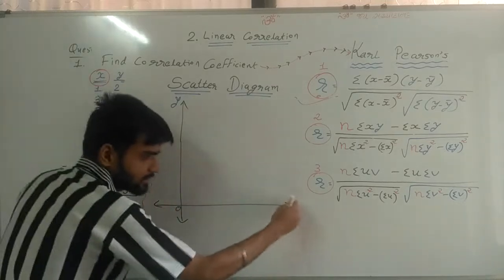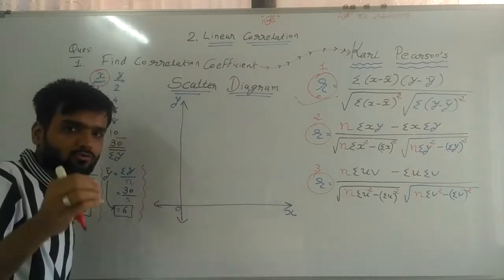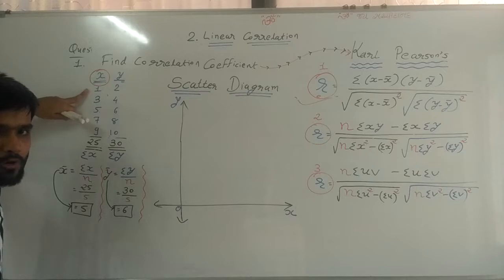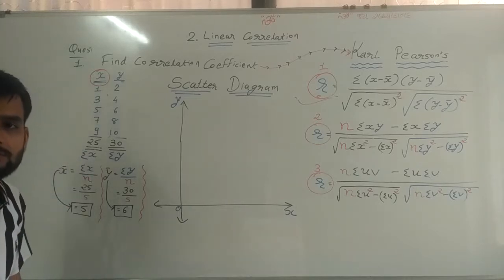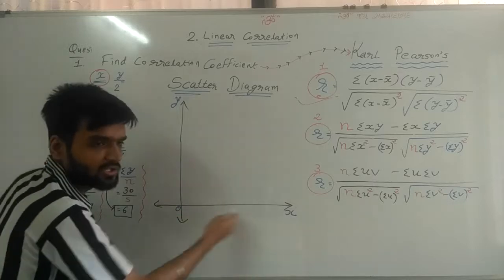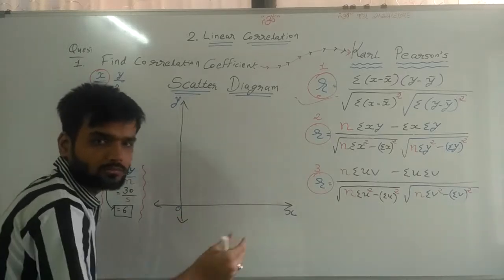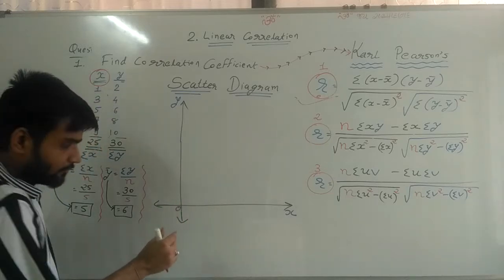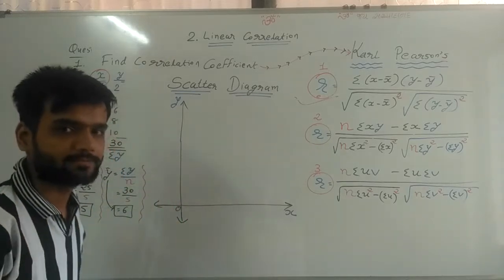So on this x-axis we have to make marks from 1 to 9 only. Approximately we can take 1 scale for a particular square.